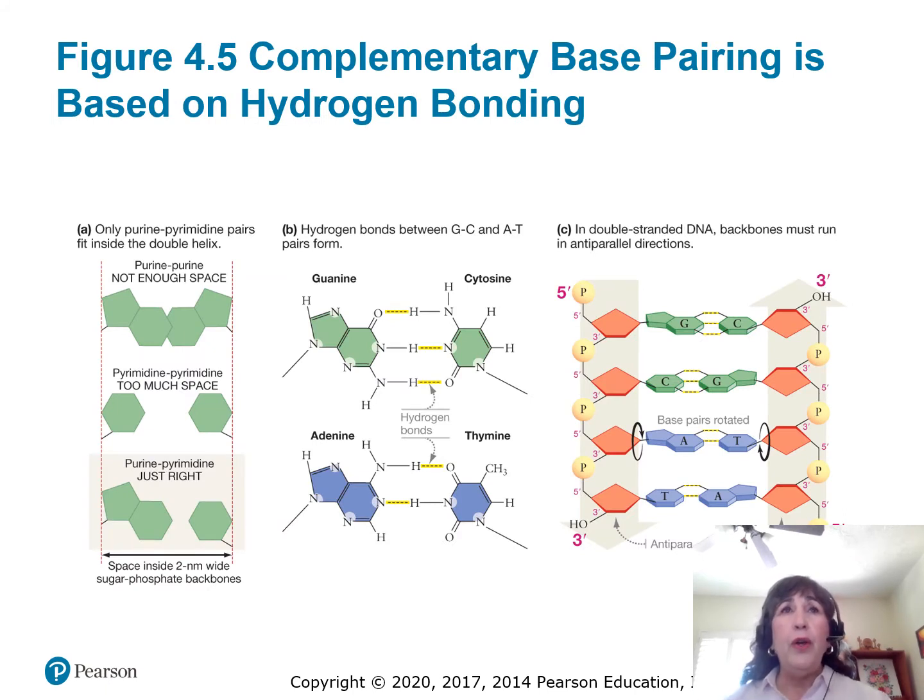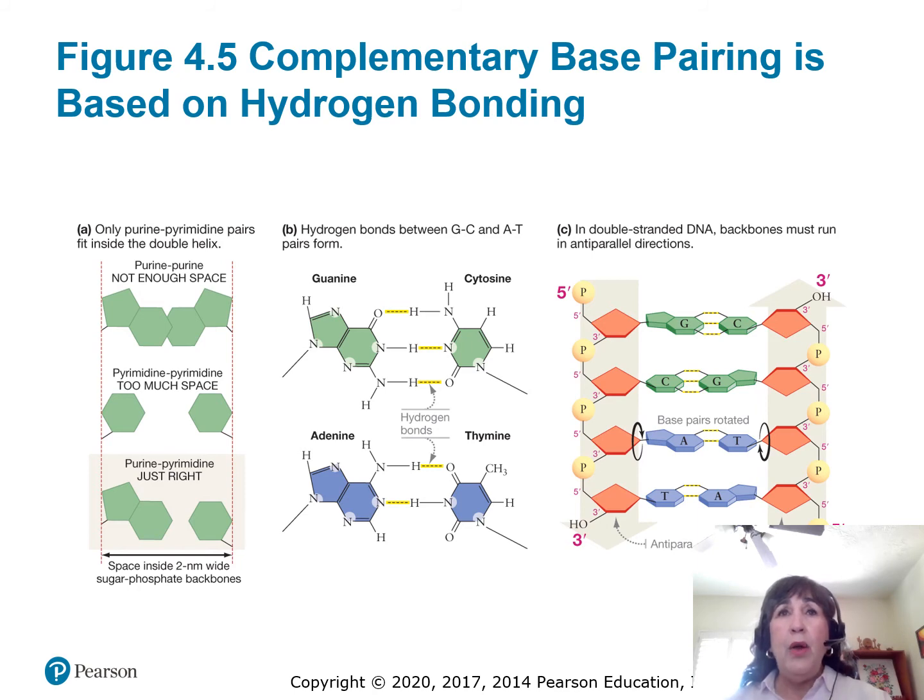In this figure 4.5, you can see why it's complementary base pairing. Because if you had 2 purines together, 2 double rings, then they would overlap each other. If you had 2 pyrimidines or single rings together, they wouldn't meet in the middle. So what's just right is having 1 pyrimidine and 1 purine.